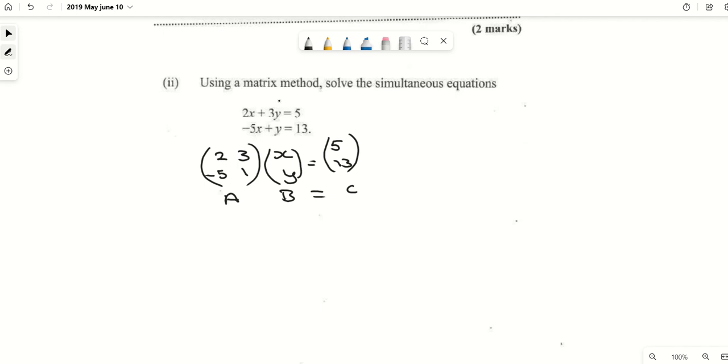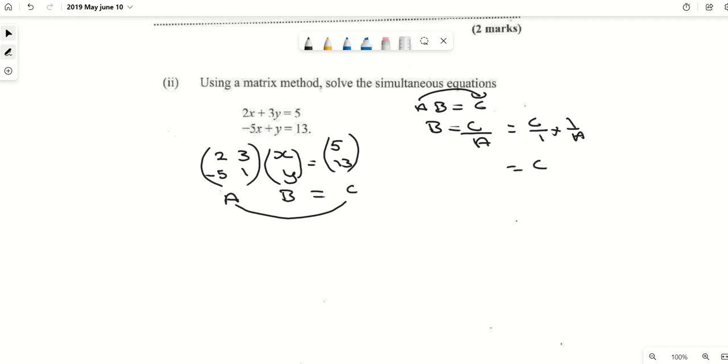Right? And I am going to carry across A, but because A is a matrix, we cannot divide by it when we carry this across. So let me just do this. AB is equal to C. If I carry across A, it's going to be B is equal to C over A. We cannot divide matrices, so it turns into C over 1 multiplied by 1 over A. And then 1 over A will turn into C multiplied by A inverse.